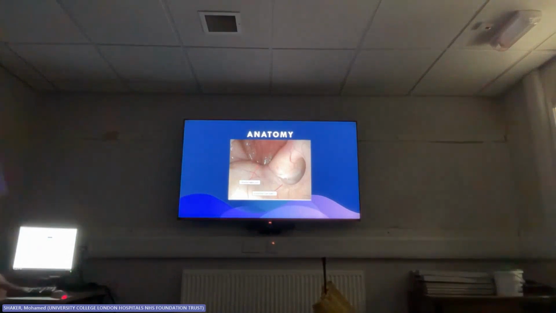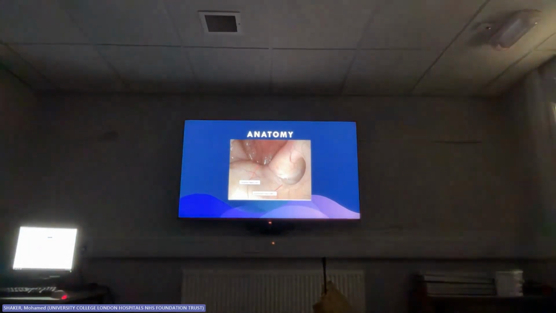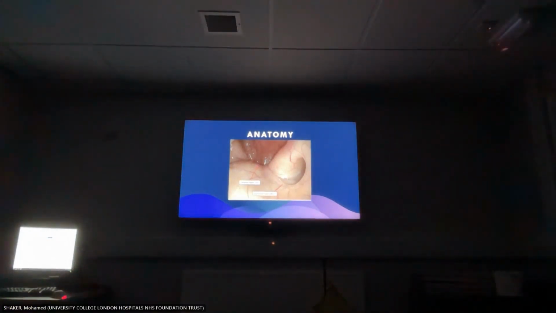Two muscles operate on the Eustachian tube. Levator palatini, that's a good muscle, and tensor palatini. Which is more efficient, or which is more important? Tensor?